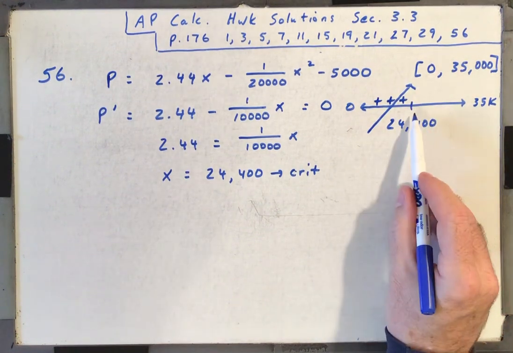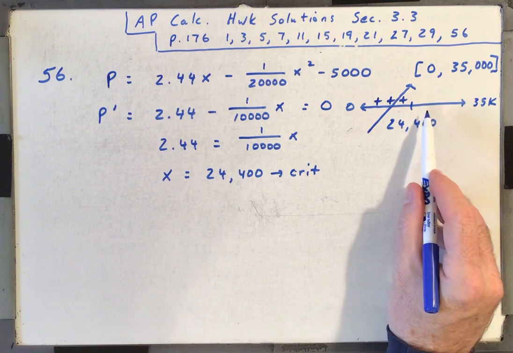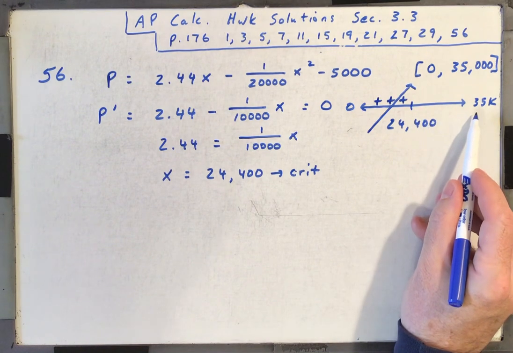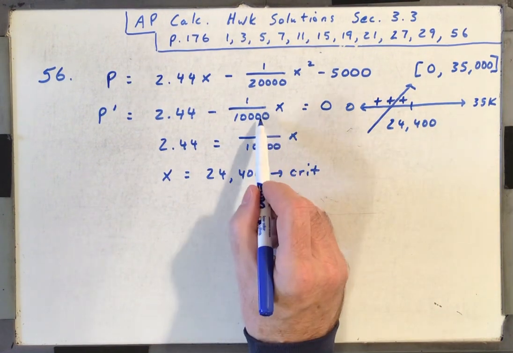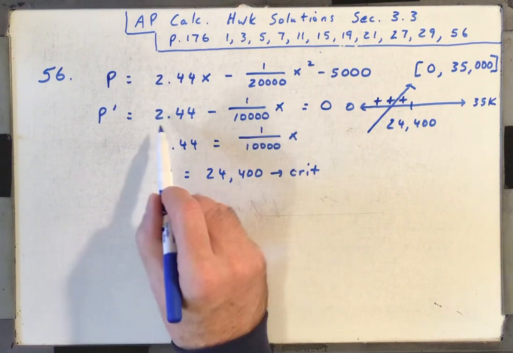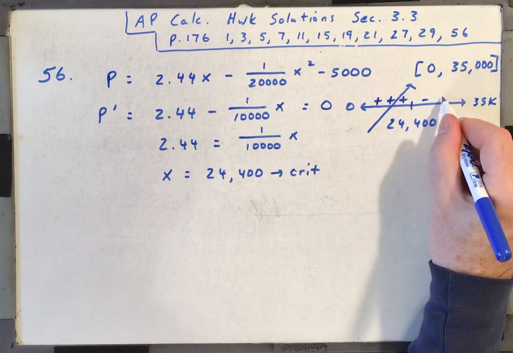And then let's pick, I don't know, 30,000. So 30,000 over 10,000 is 3. All right, so 2.44 minus 3 is negative.